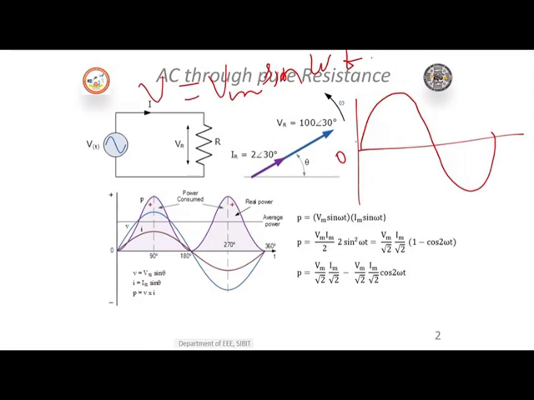So your voltage will be 0. When omega t is 90, sin 90 will be 1, so we get the maximum value. Again at 180 it will be 0. At 270 it will be a negative maximum. At 360 it will be 0.